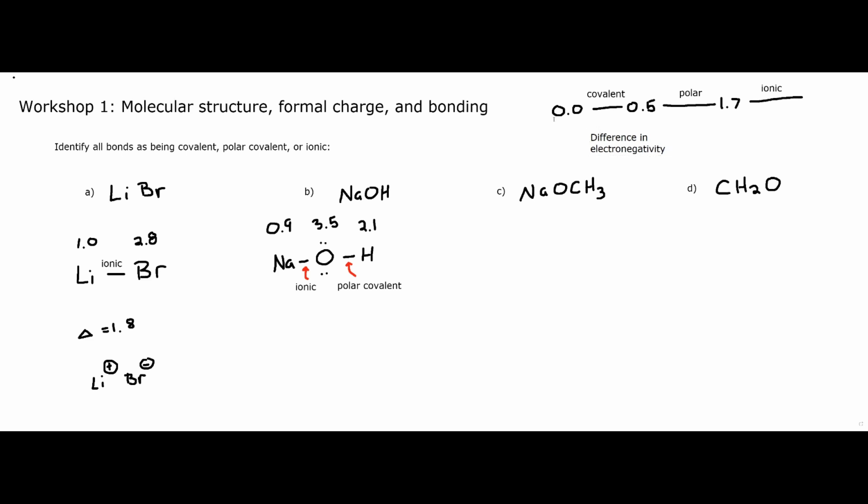On the bottom here, this is our difference in electronegativity. If we're between 0.0 and 0.5, this is going to be a nonpolar covalent bond. If we're between 0.5 and 1.7, that's a polar covalent bond. And if we're above 1.7, that's an ionic bond.